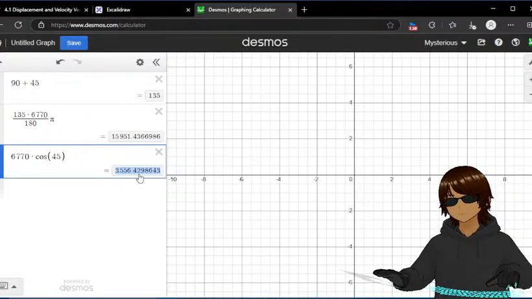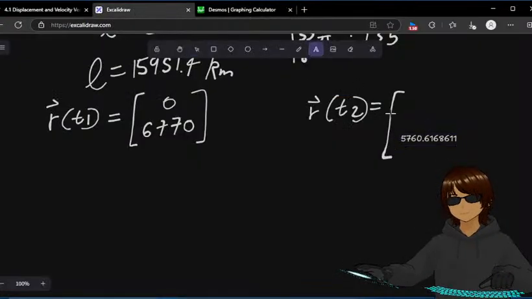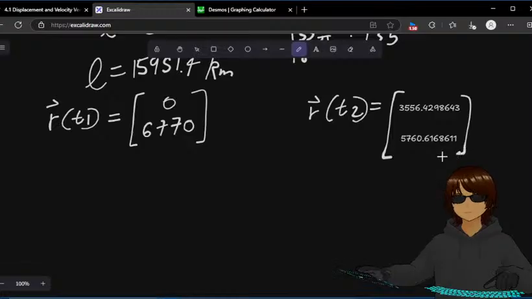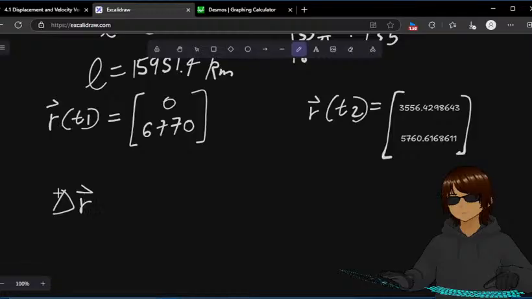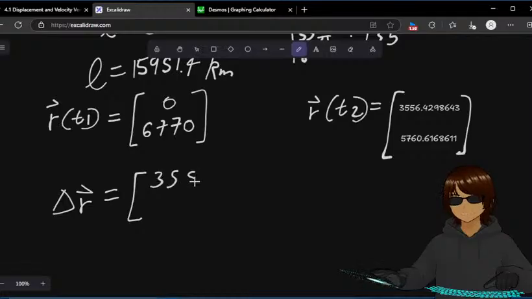Cos. So now what? So this minus this. So the displacement vector is this minus this. 3556.4.